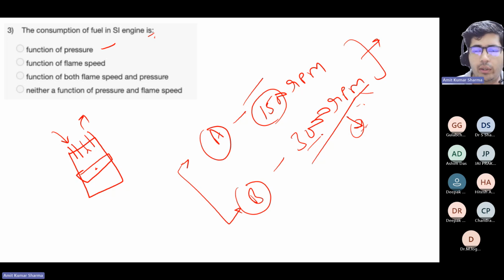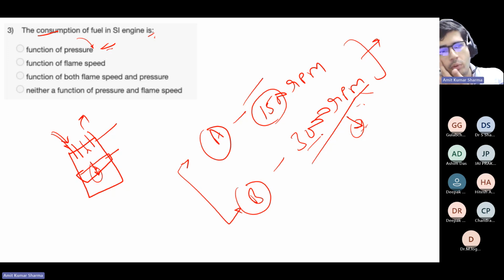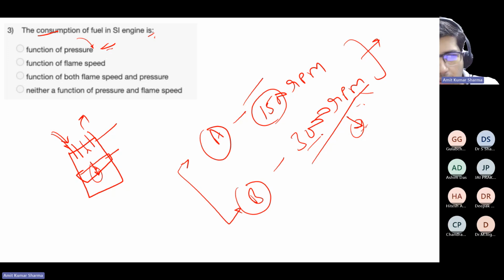So in that way, pressure is not playing an important part, because the fuel is being sucked in at less than atmospheric pressure, like from the carburetor. And also the compression ratio is fixed, so in the compression stroke it will automatically compress. It is already fixed, we are not changing it. So how is the consumption connected to the pressure? It is not connected, because pressure is already fixed.